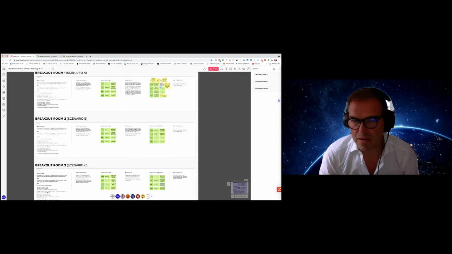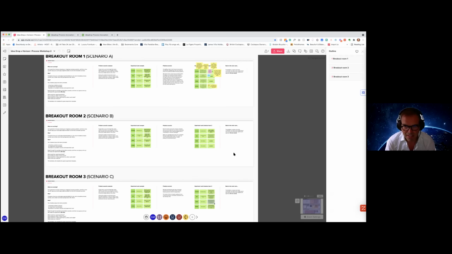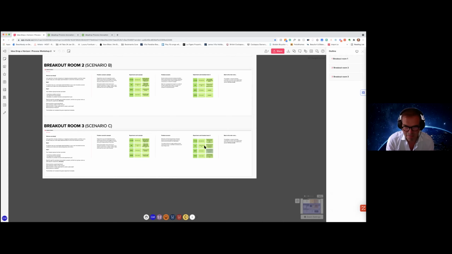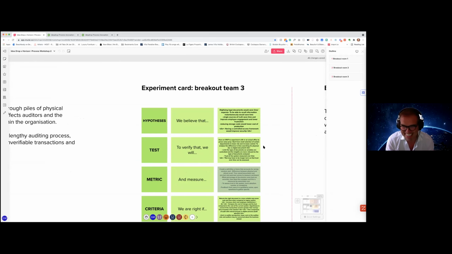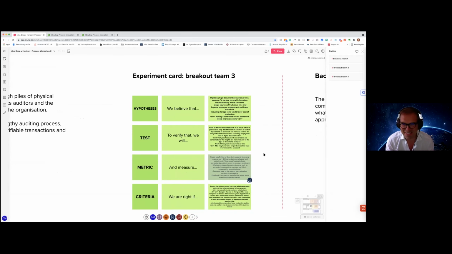Yeah, so it was good. I'll put it back to the facilitators, but a couple of things would be good to know. This is about experimentation, which is obviously important. I jumped into one of the rooms, which was quite interesting. Room 3 was amazing, a fantastic team, loads of ideas, loads of tests.